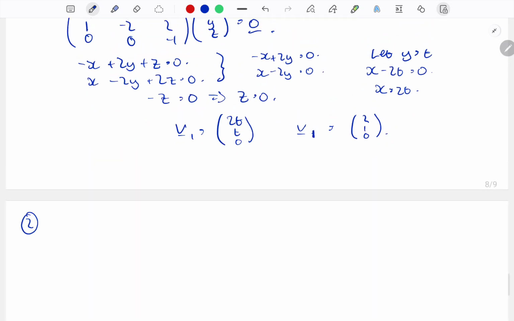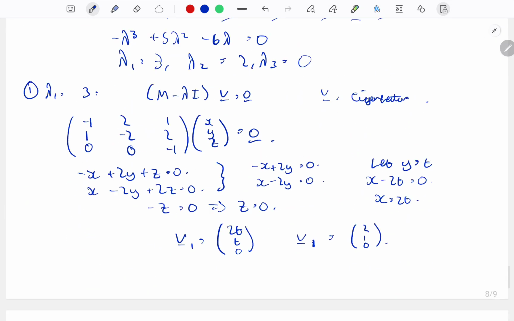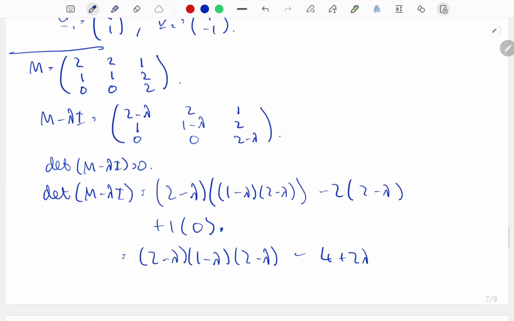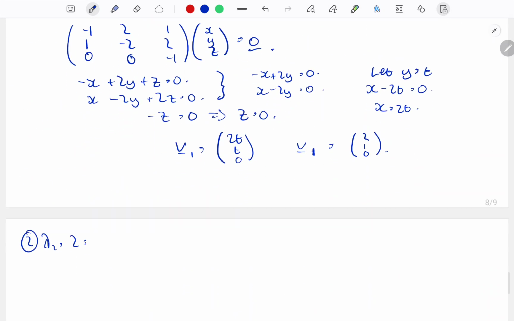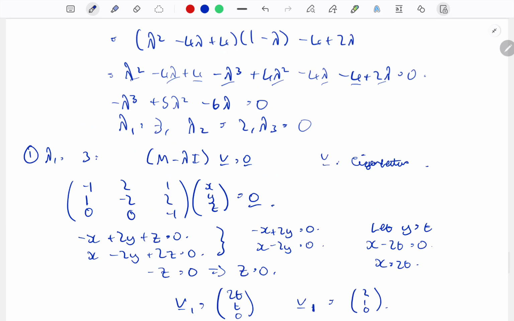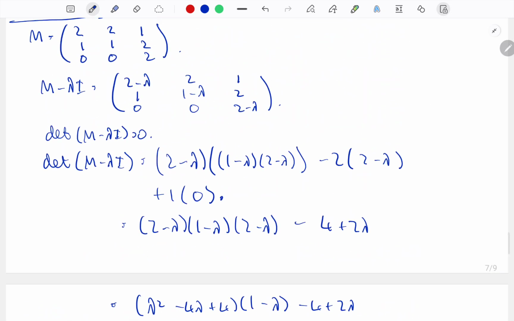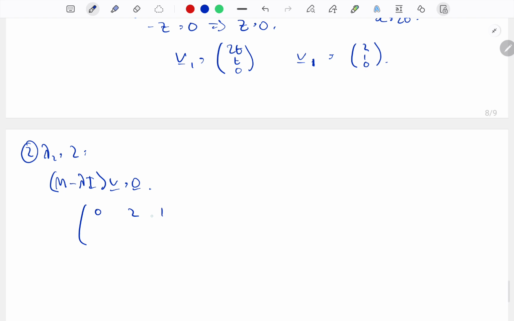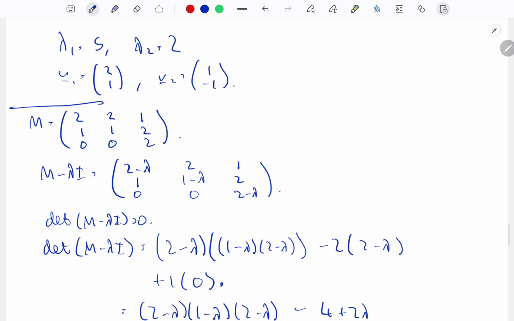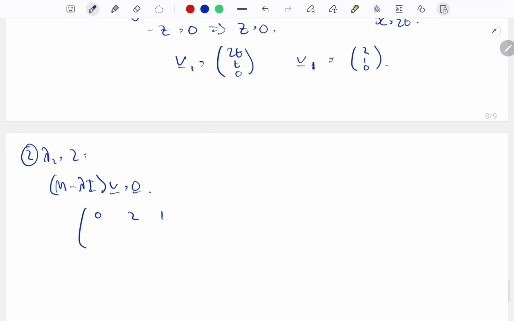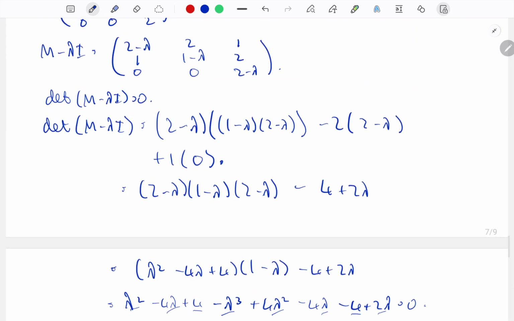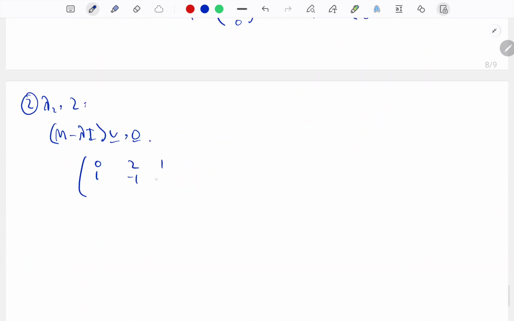Let's consider the second eigenvalue. Lambda 2 is 2. So (M minus lambda I) v is equal to 0. So we get 0, 2, 1, then 1, minus 1, 2, and then 0, 0, 0, times x, y, z equals 0.